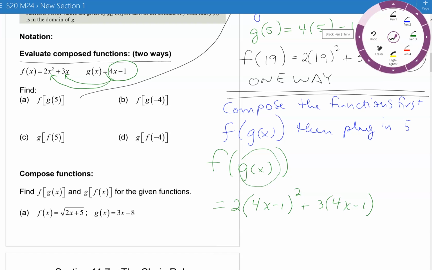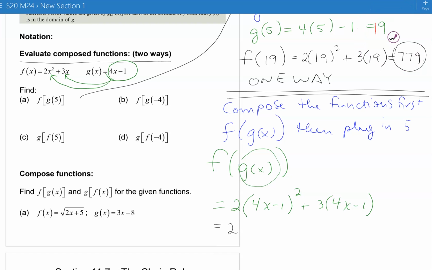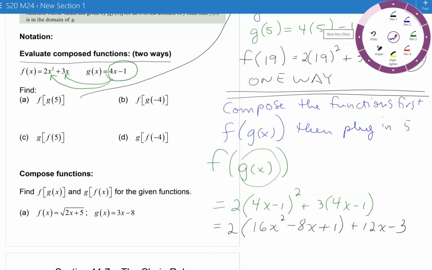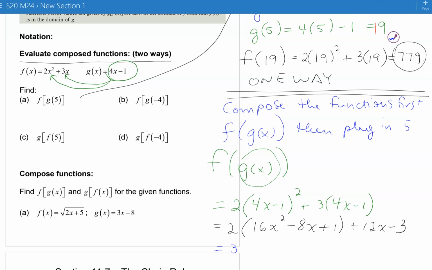Then we should do some algebra to beautify this. 4x minus 1 times 4x minus 1 is going to be 16x squared minus 8x plus 1, plus 12x minus 3. So that's going to give me 32x squared minus 16x plus 2 plus 12x minus 3.